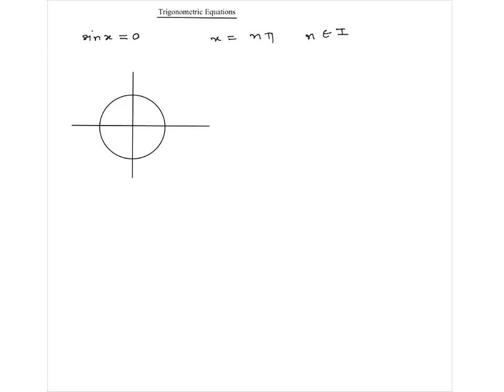Now suppose another equation is cos x equal to 0. Cos is defined as the x coordinate when we have a unit circle.